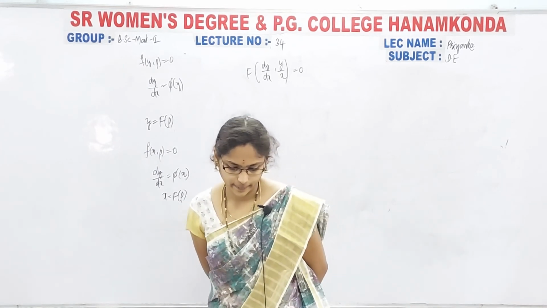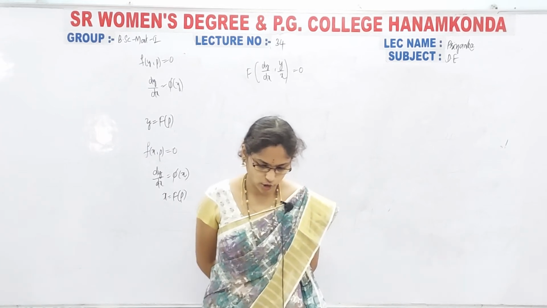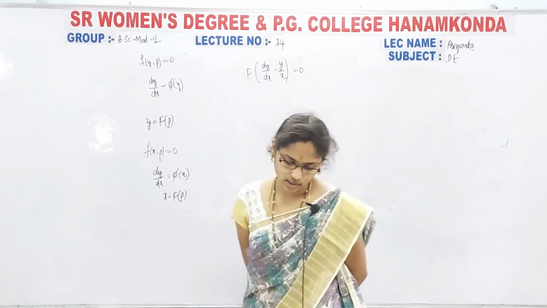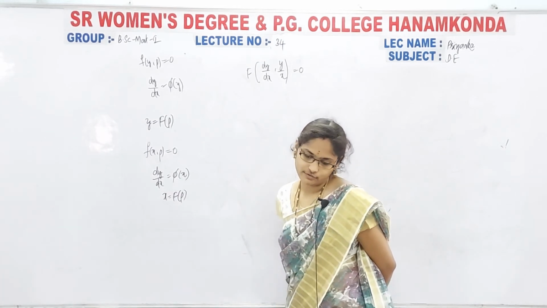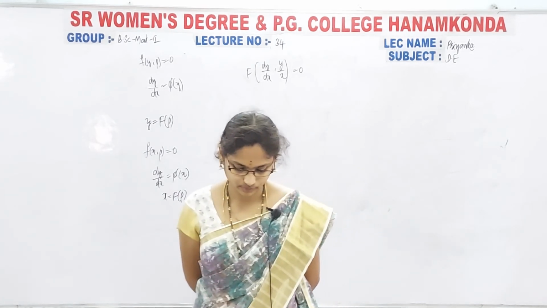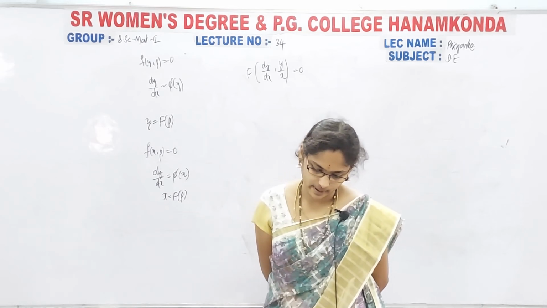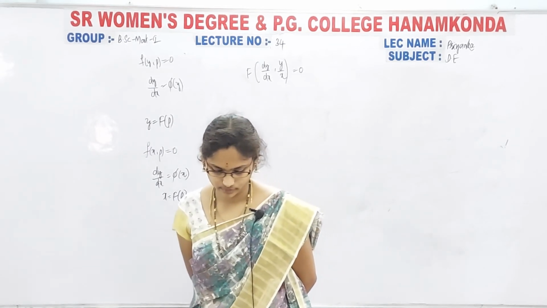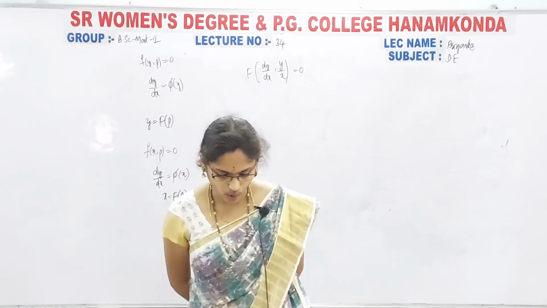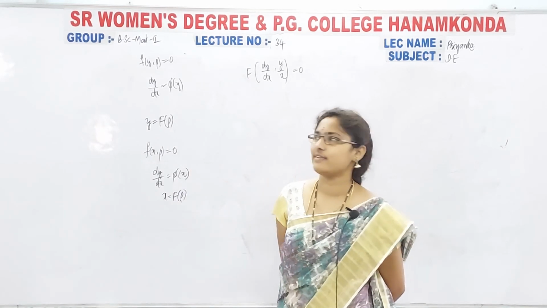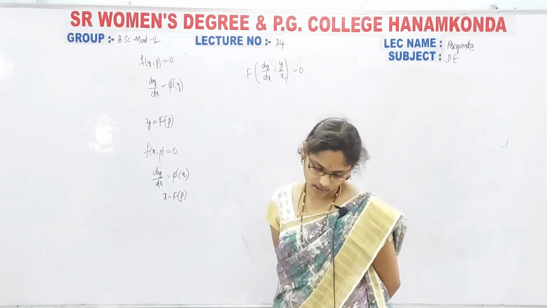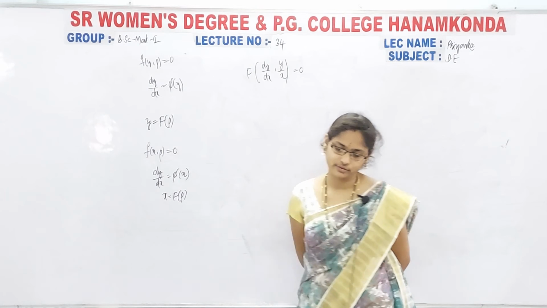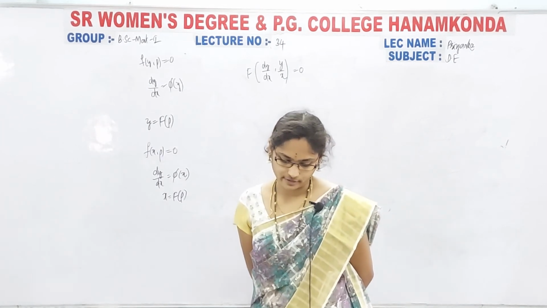It is then possible to solve it for dy by dx and proceed, or solve it for y by x and obtain y equal to x of f of p.